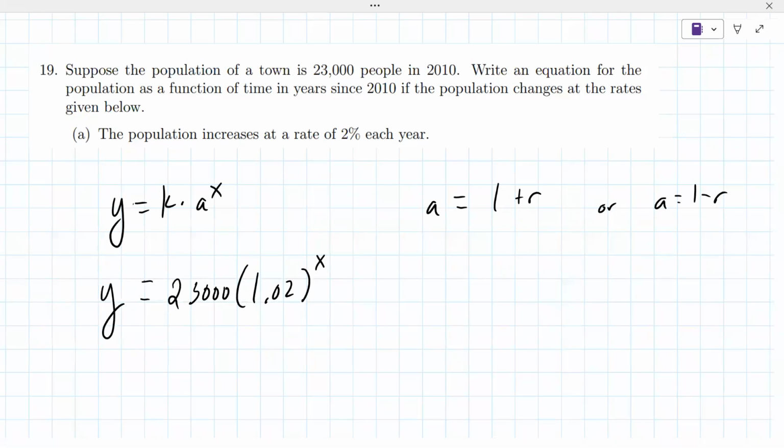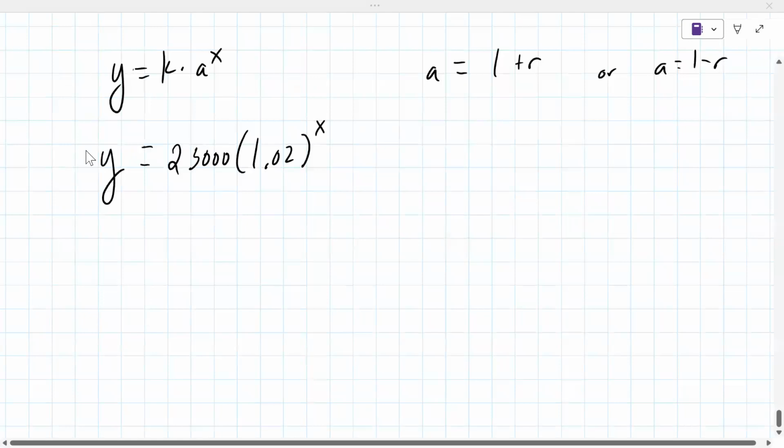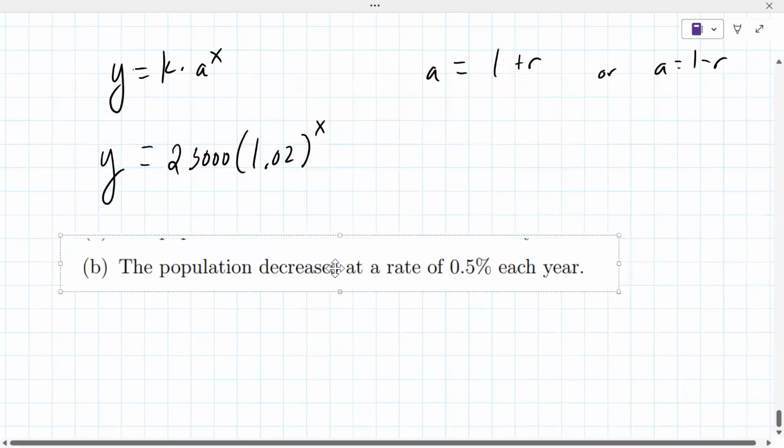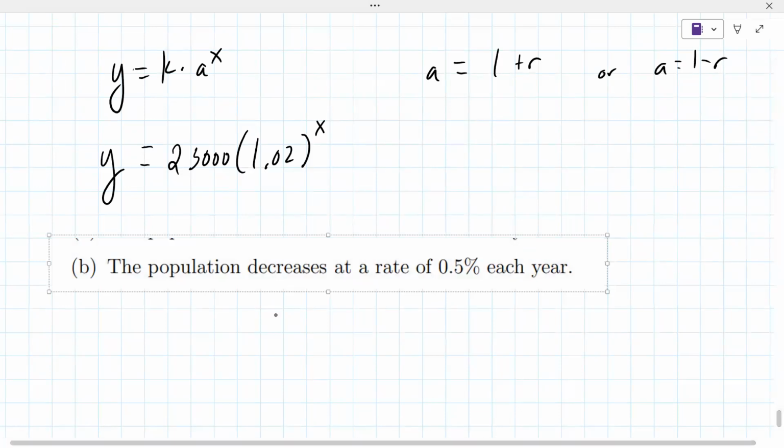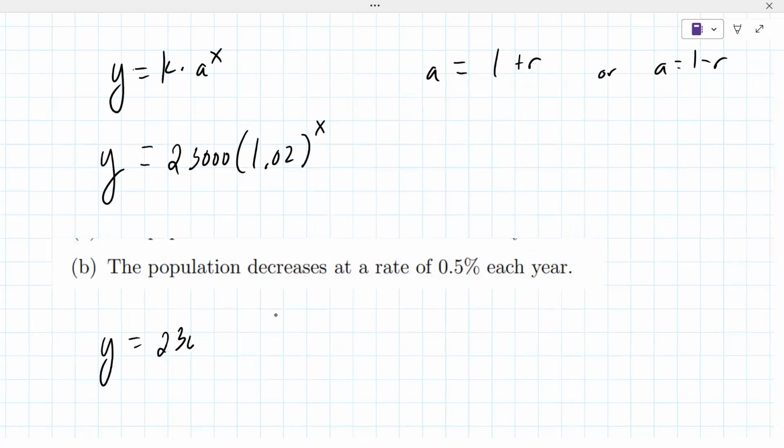In part B, it's a decrease. All right, a little slow here. What would the equation look like? Specifically a, what would a be in this new problem?